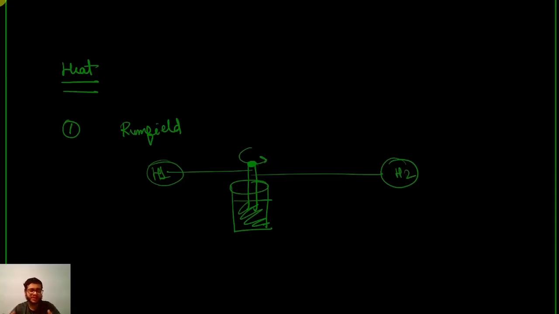That was the main setup. Eventually the water heated up and started to boil. He said that if heat is some fluid contained in a body, then how can a body which is just moved get so hot that it makes water boil? It should not be.